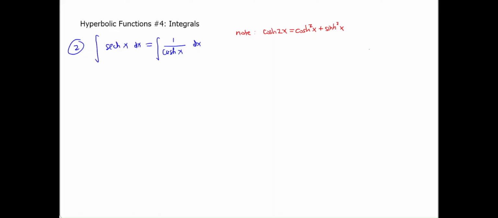What we have here is a sum of cosh squared x plus sinh squared x. Now really what we have going on here is cosh of x, so I'm going to write that as cosh squared of x over 2 plus sinh squared of x over 2. Let's put that in our denominator here.